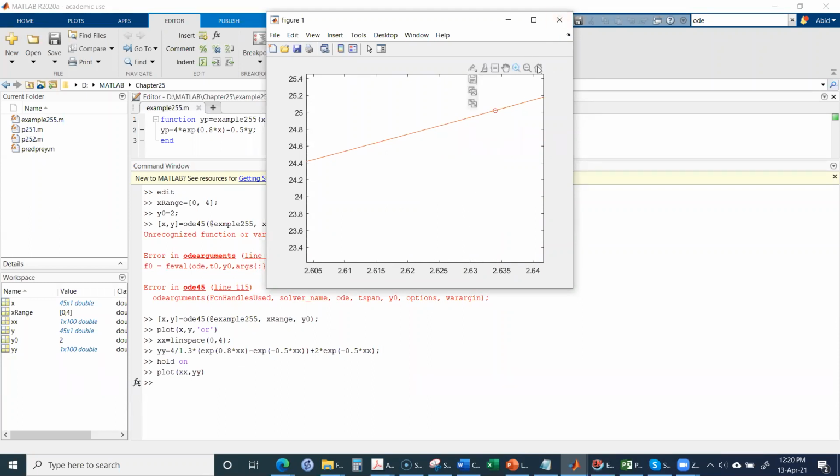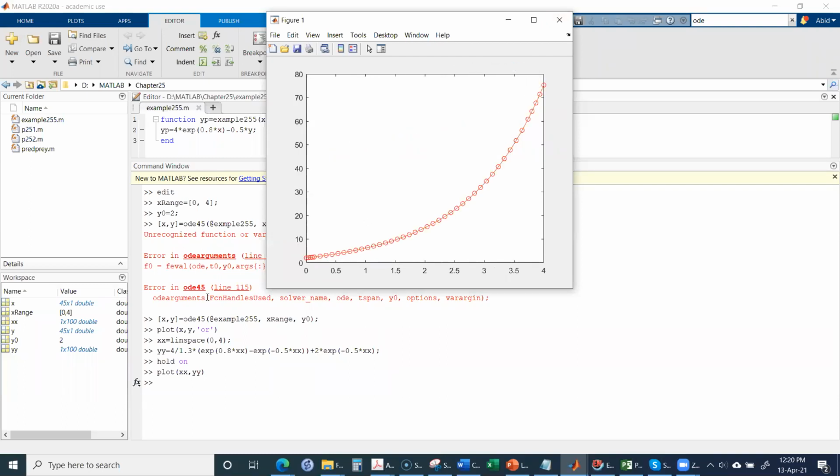I have a question. Yes. So ODE45 does not show the stopping parameters, like the number of iterations when the approximations were made.